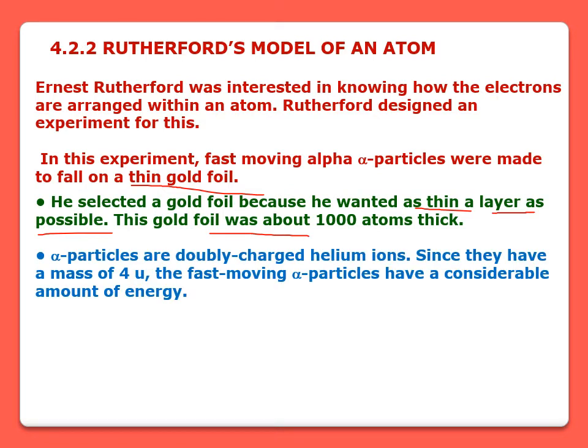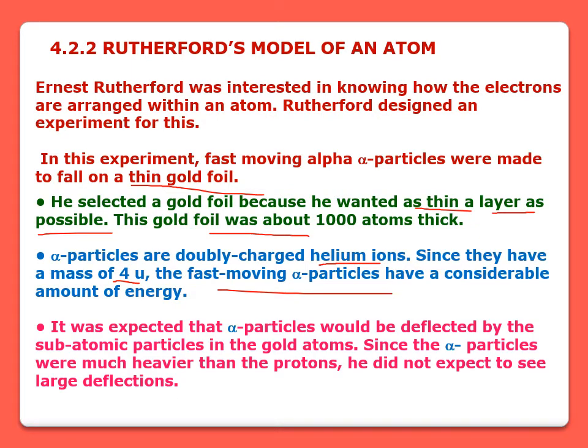Right? And the next point is that alpha particles are doubly charged helium ions, meaning they were positively charged particles. Those particles have a mass of 4 units. So those fast moving alpha particles have a considerable amount of energy.